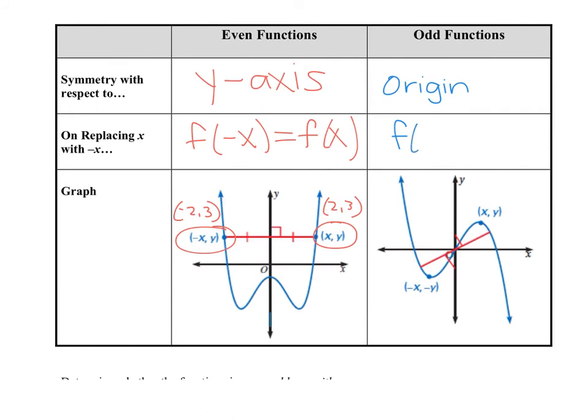So the y value for negative x is equal to the opposite of the y value for positive x. So if we have the point 2, 3, then negative 2 would give us negative 3. So here the symmetry is the origin. You'd have to think about flipping all of your points over the origin to find their matching point.